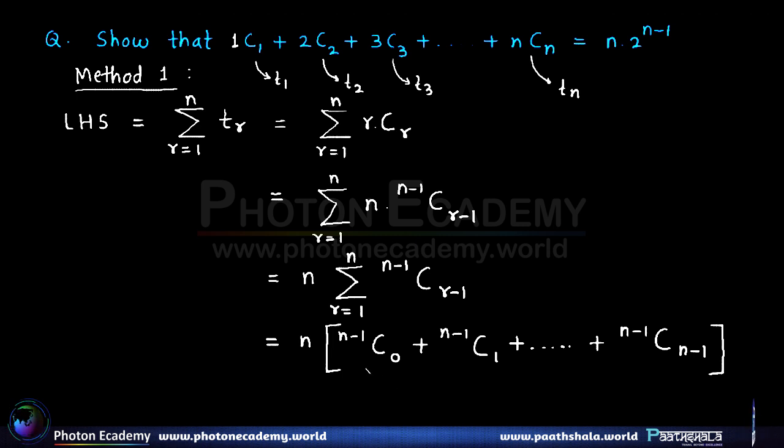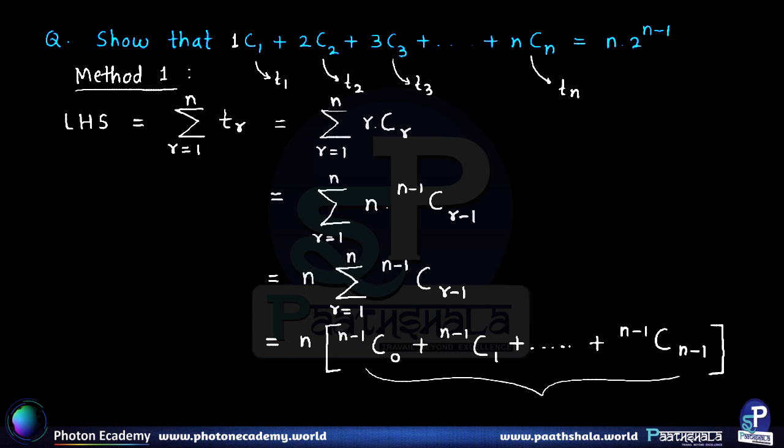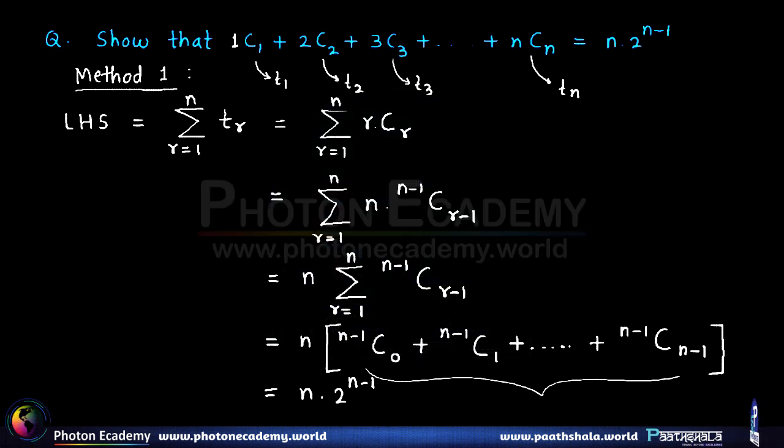Now if you observe closely the terms inside this bracket, it is nothing but the sum of all binomial coefficients in some expansion where the degree is n minus 1. So therefore that is equal to n into 2 raised to n minus 1, which is nothing but the RHS. So in this way we prove the required statement.